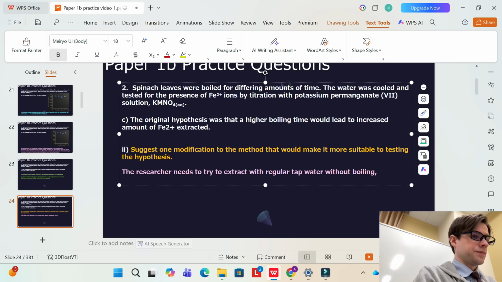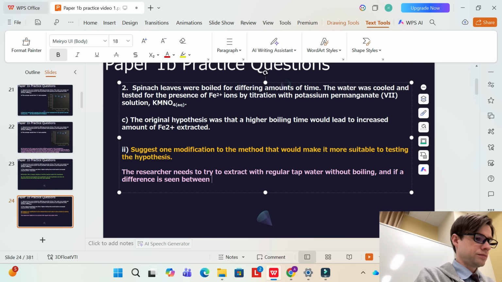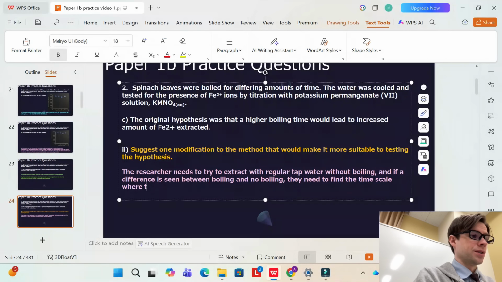And if a difference is seen between boiling and no boiling, they need to find the time scale where the difference occurs, right?